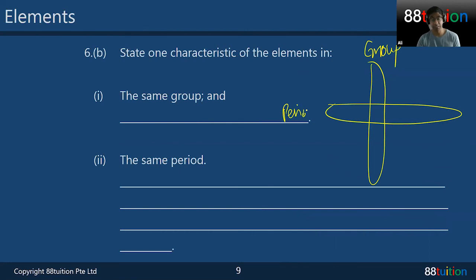Okay, so group is vertical. In the periodic table, we call it a group. Can I call it a column? You can call it a column, but here we call it a group.